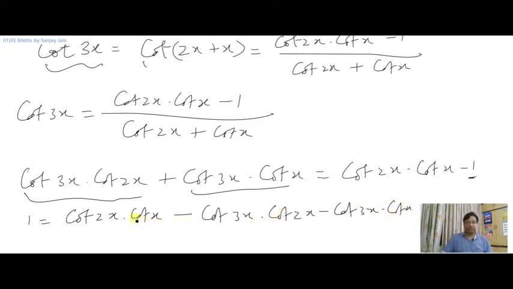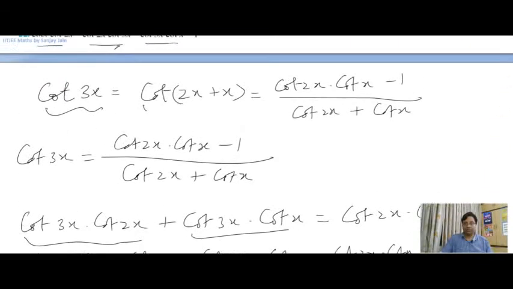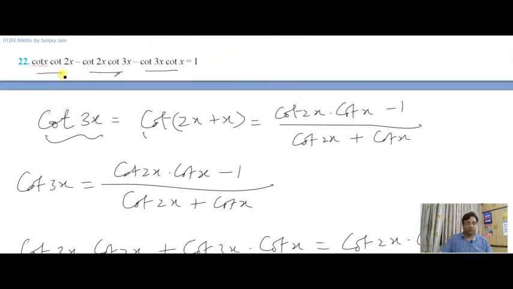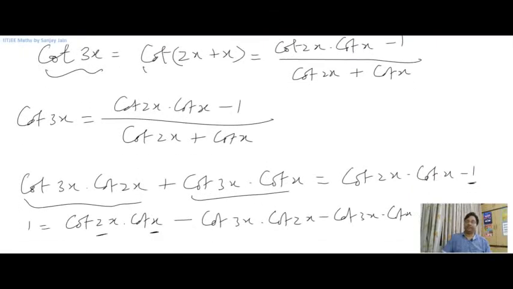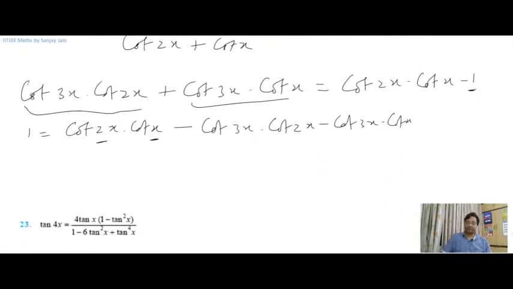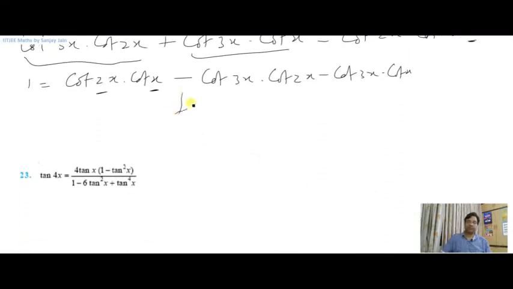And now you check whether it is same or not. Cot 2x into cot x with positive sign, and the rest 2 are with negative sign. So we have proved the identity. So you can write hence proved. Alright.